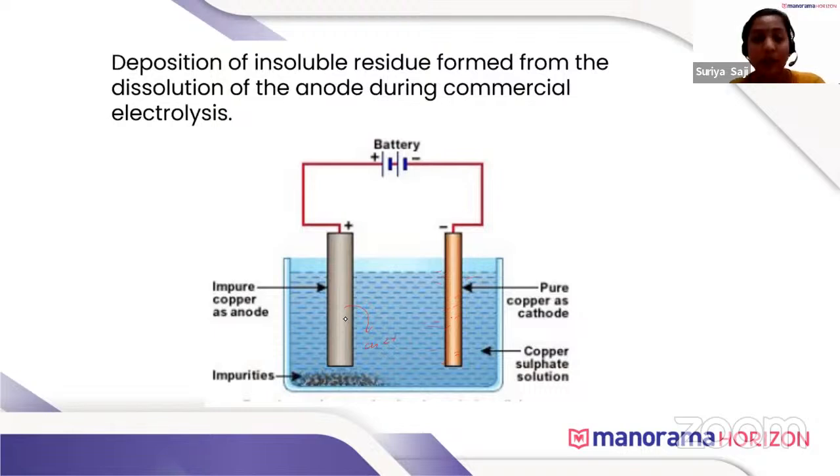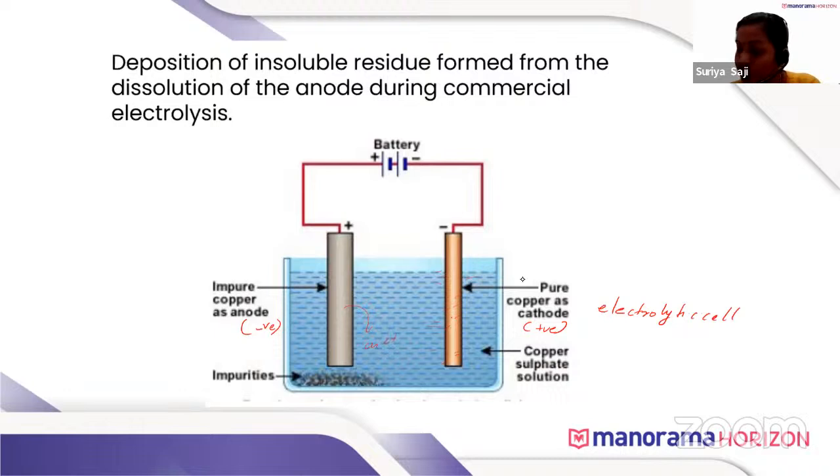In electrolytic cells, the anode is negative and the cathode is positive. This is an electrolytic cell; we are doing electrolytic refining here.